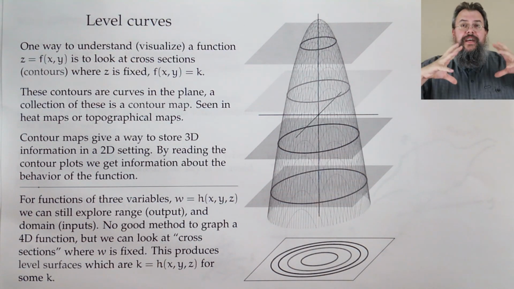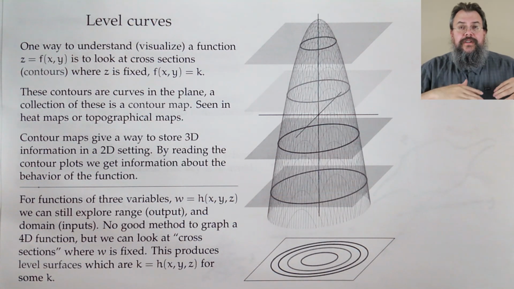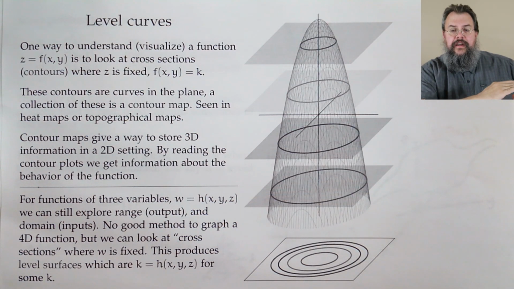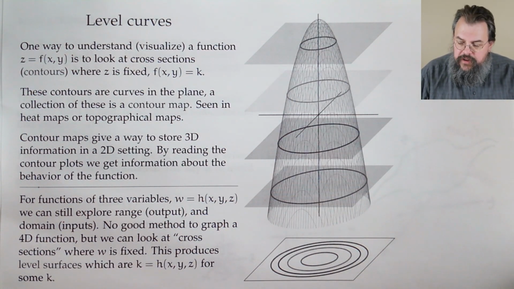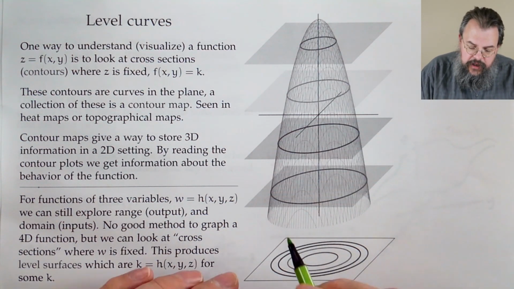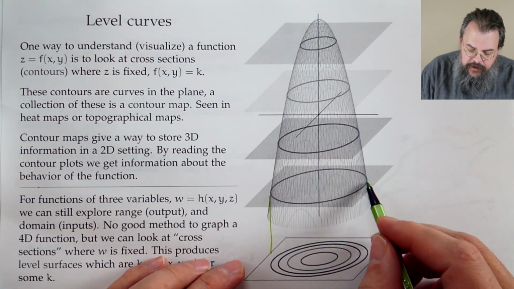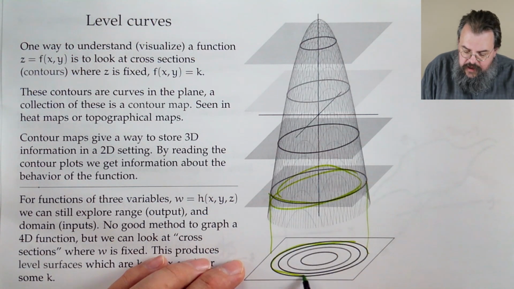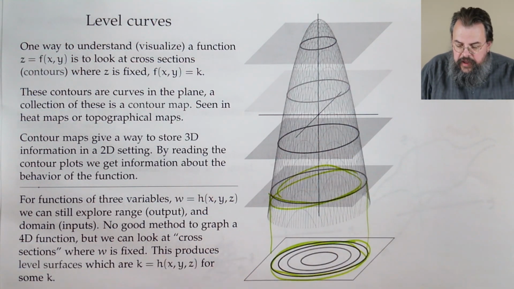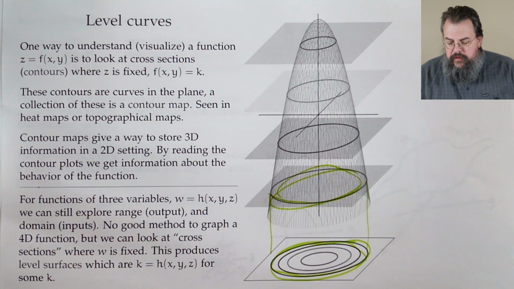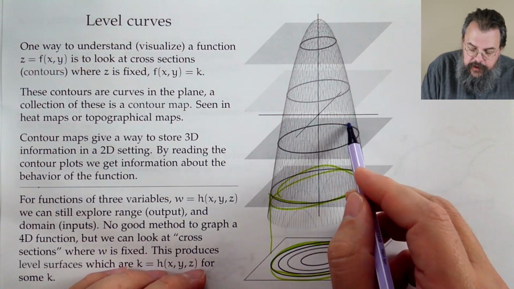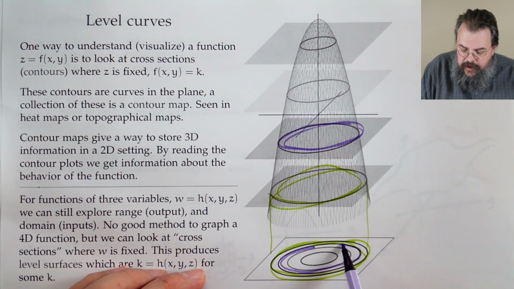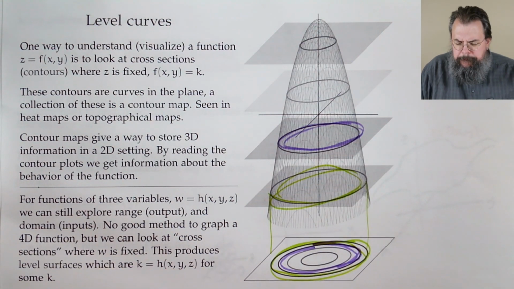So instead of trying to understand the picture in 3 dimensions, what we're doing is we're slicing it at various heights. And then for every single height, we say, hey, look, you can go straight down. So for example, this layer here corresponds with this layer there. And it's true for every single layer. So our next layer up here would correspond to the picture here, and so forth and so on.